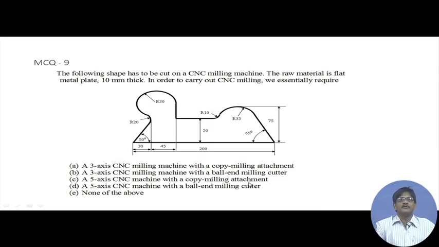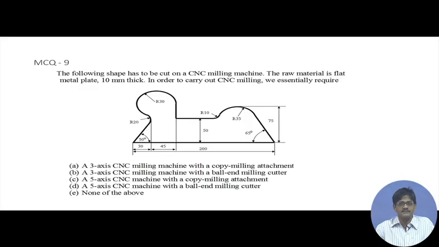The following shape has to be cut on a milling machine. The raw material is flat metal plate 10 millimeters thick. In order to carry out CNC milling, we essentially require, what do we require? We require circular interpolation, we require straight line interpolation, all these things are required in 2 axes. Okay.